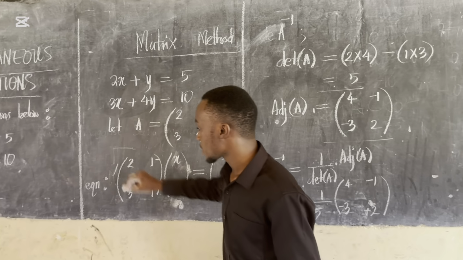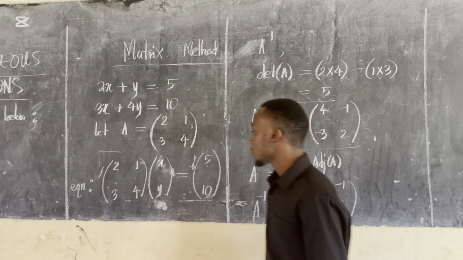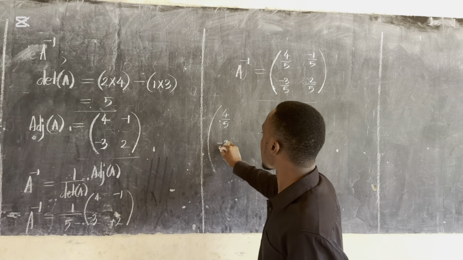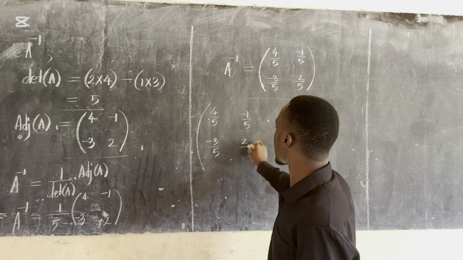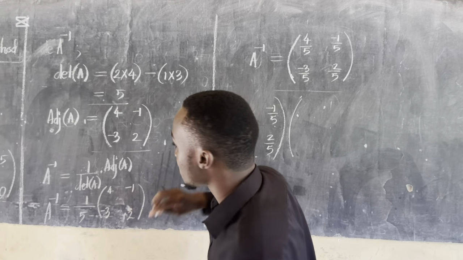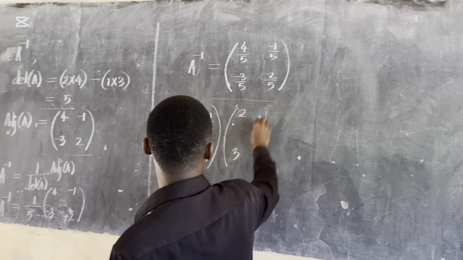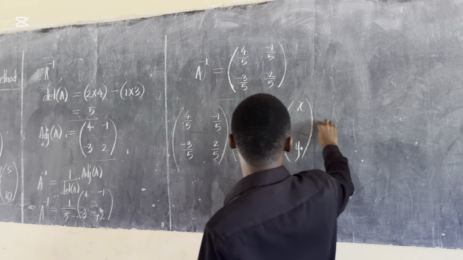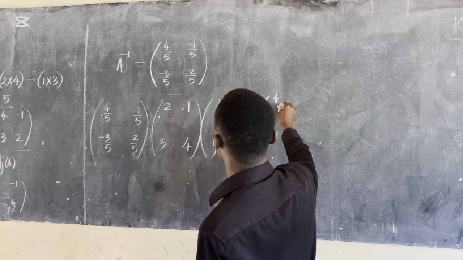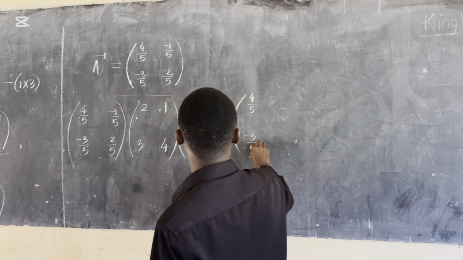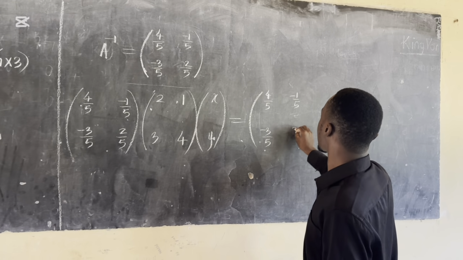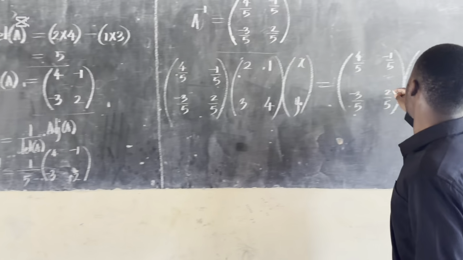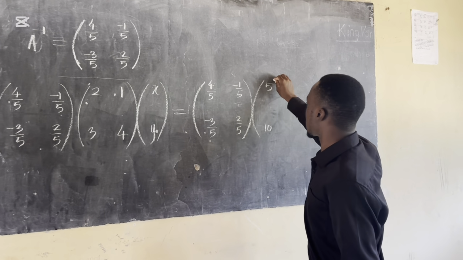So we shall have the matrix 4 over 5, negative 1 over 5, negative 3 over 5, 2 over 5, this inverse, multiplying this equation, which is x, y, equal to, again in the same matrix, 4 over 5, negative 1 over 5, negative 3 over 5, 2 over 5, multiplying itself with the column 5, 10. This is not a fraction.